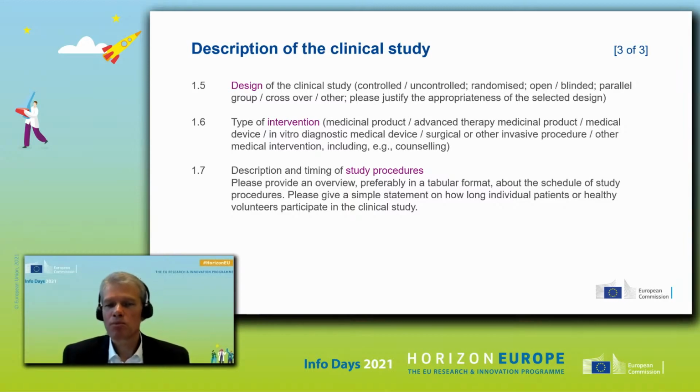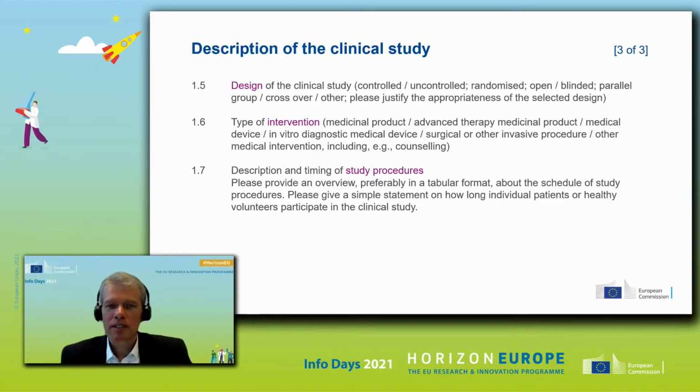But we need you to be very clear about what you are going to use as an intervention, because this primarily defines what regulatory framework you need to take into account. And the last point on this slide is about the description and timing of study procedures.